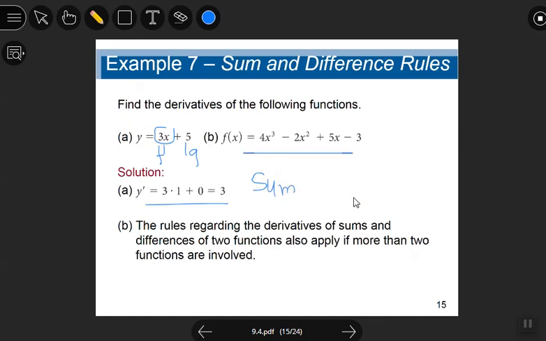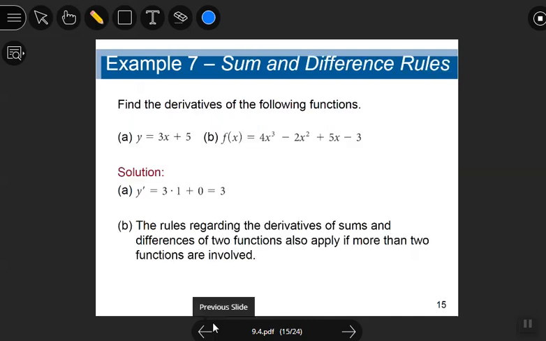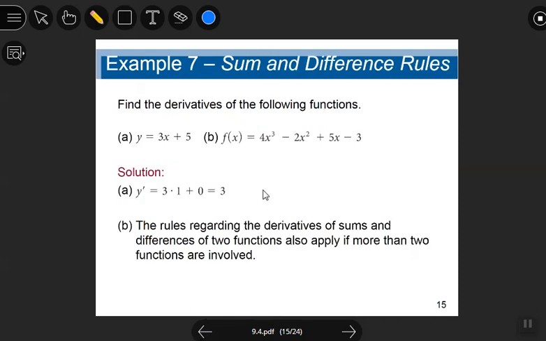And now look at this one. You can distribute it as two sections, or otherwise you can think of it separately. I mean, take the derivative of this one, this one, and this one. So our original function is 4 times x to the power 3.